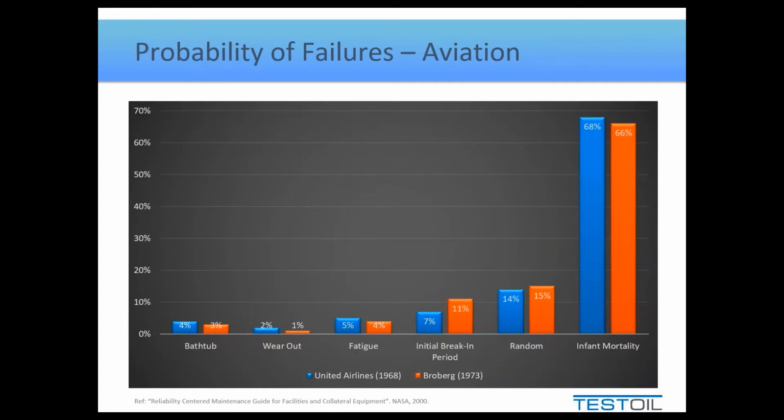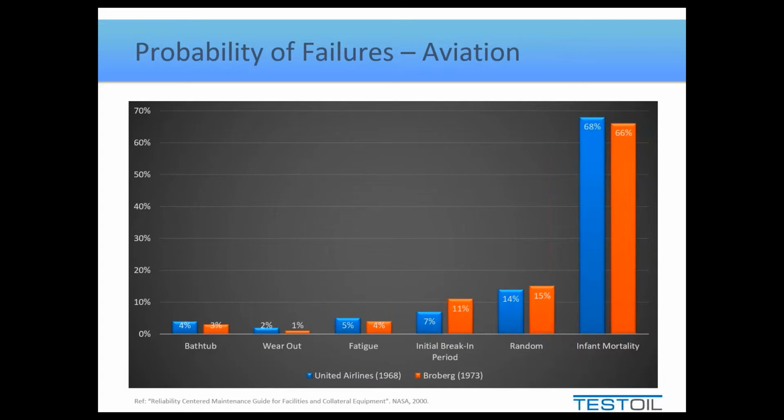So this is all aviation based, and the blue bars here represent what Nolan and Heap came up with. They were part of United Airlines. The orange bars are from the airline in Sweden. And what they found was, if they grouped all their failures, they found very, very few fit the bathtub curve. In fact, less fit the wear-out curve, and hardly any fit the fatigue curve.